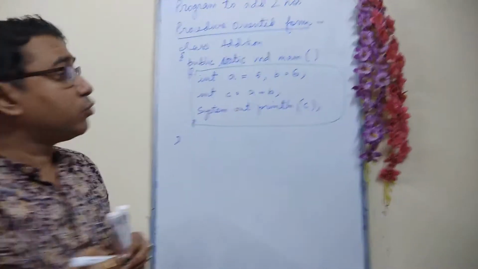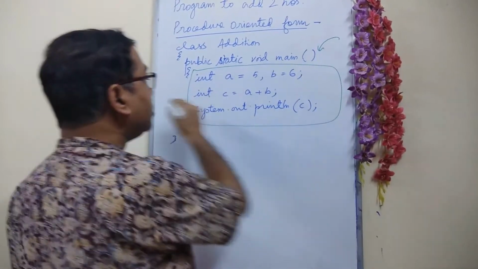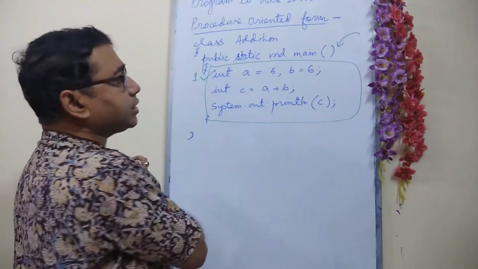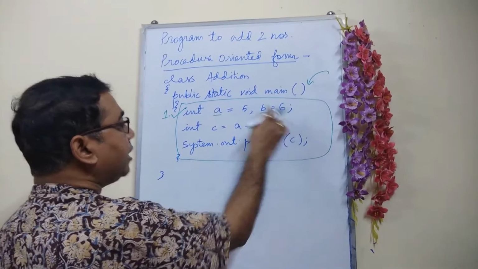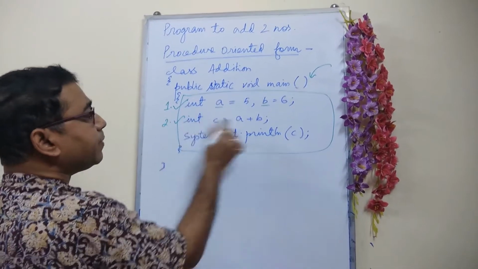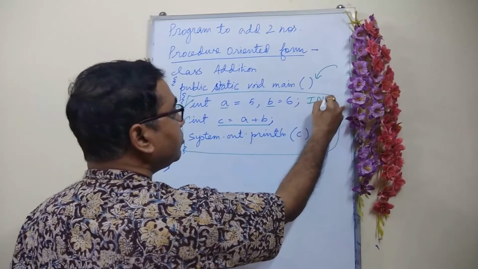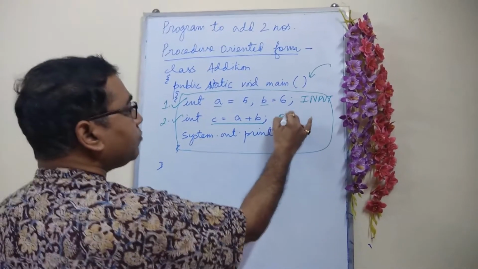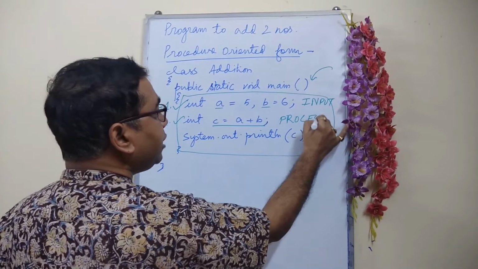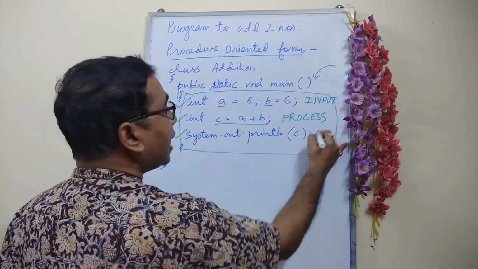Execution begins from main, where the first statement is executed and two variables are initialized with values. Second statement is the process. The first is the input, as I am taking a fixed set. Next I do the process on that input. And the third step is the final output.